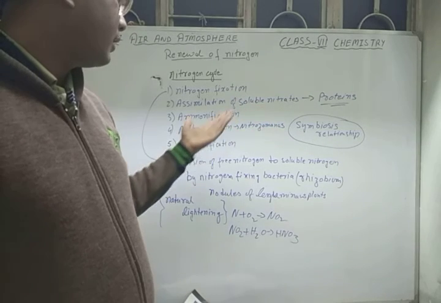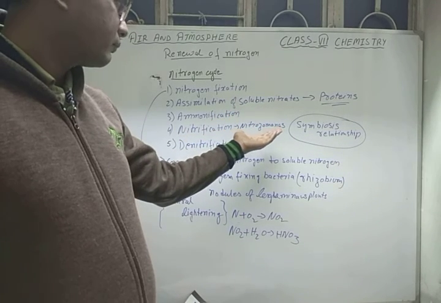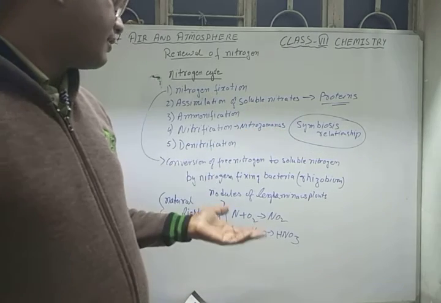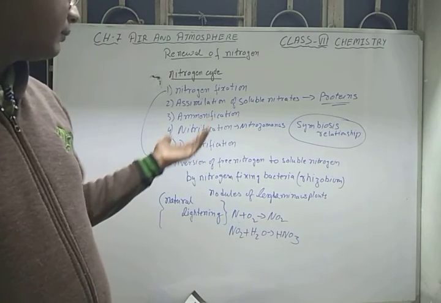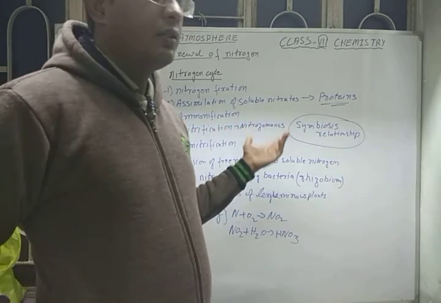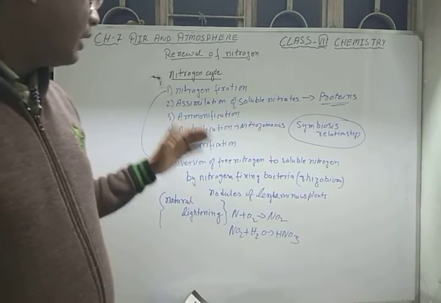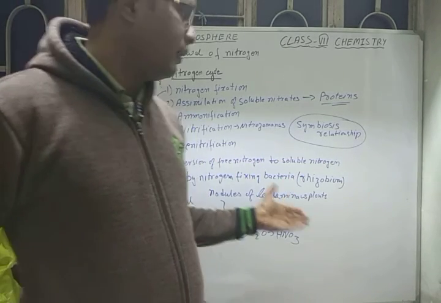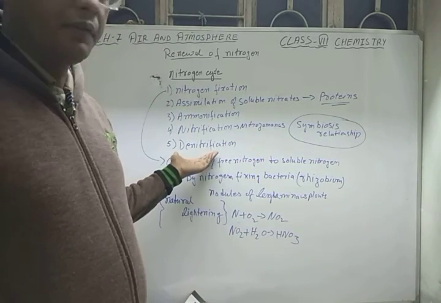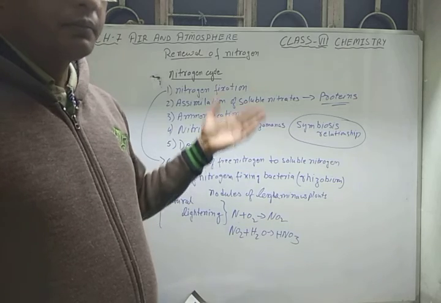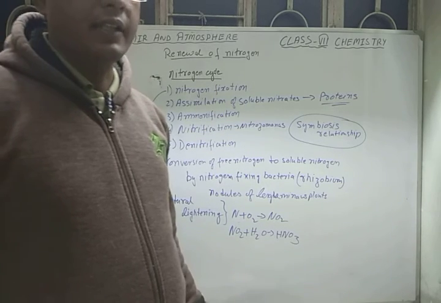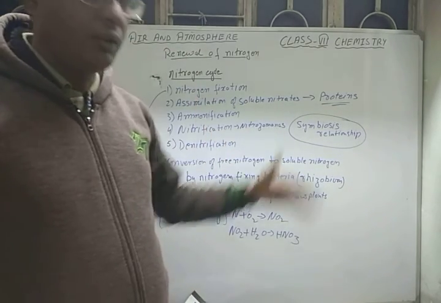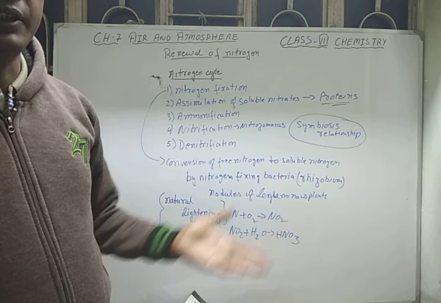This ammonia is converted by nitrosomonas bacteria into nitrites and then nitrates. After that, these nitrates are broken down by Pseudomonas bacteria during denitrification into nitrogen gas, and that nitrogen gas returns to the atmosphere. So the whole nitrogen cycle is completed.